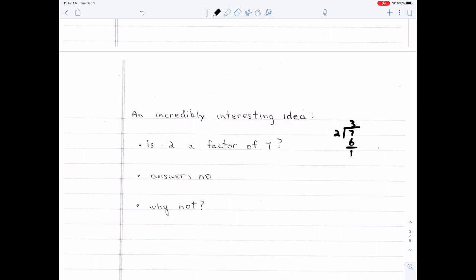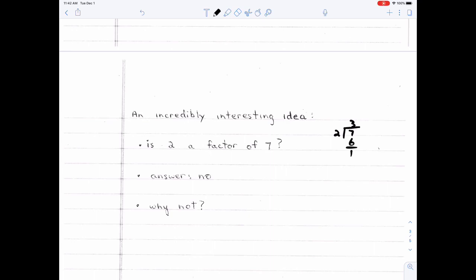Well, how do you know 2 doesn't divide evenly into 7? Because there's a remainder. If there's a remainder, then the dividend does not divide evenly by the divisor, and therefore the divisor is not a factor of the dividend.